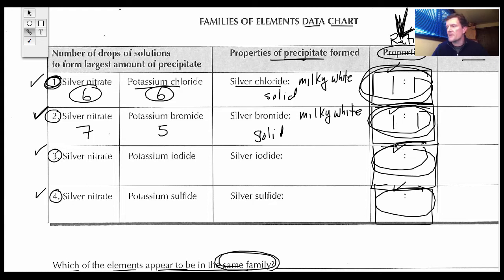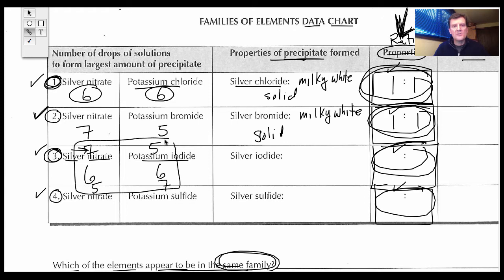All right. If you did combination number 3, silver nitrate and potassium iodide, this also would be about a 6-to-6, or again, maybe you got 7-to-5 or 5-to-7 if you thought those were the best results. All of these are pretty close to a 1-to-1 ratio.